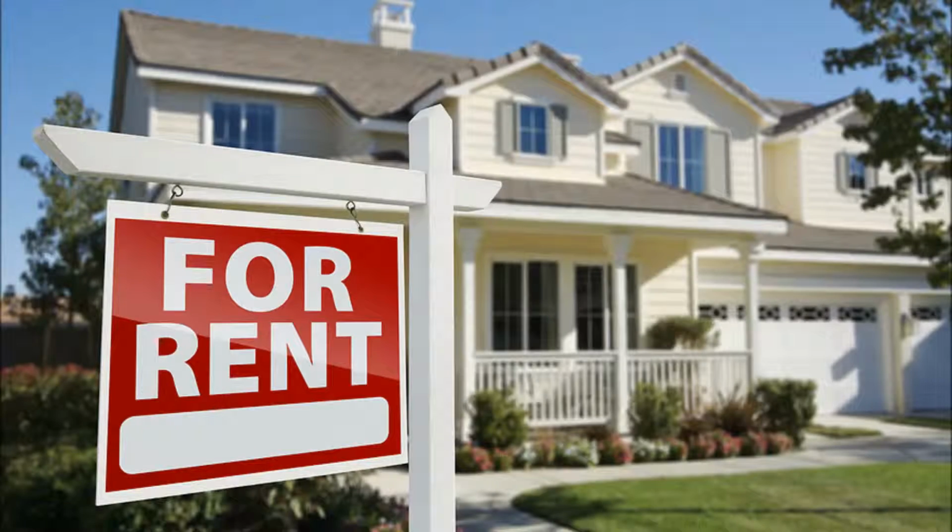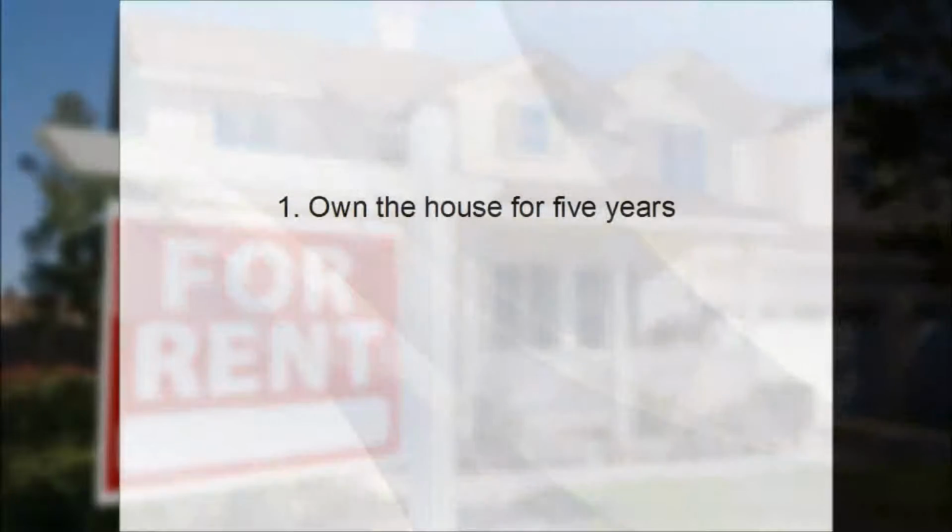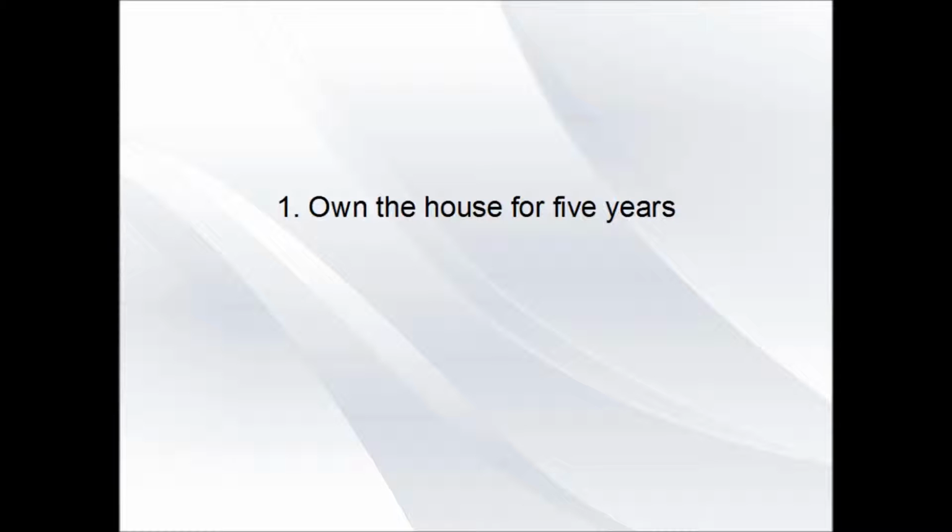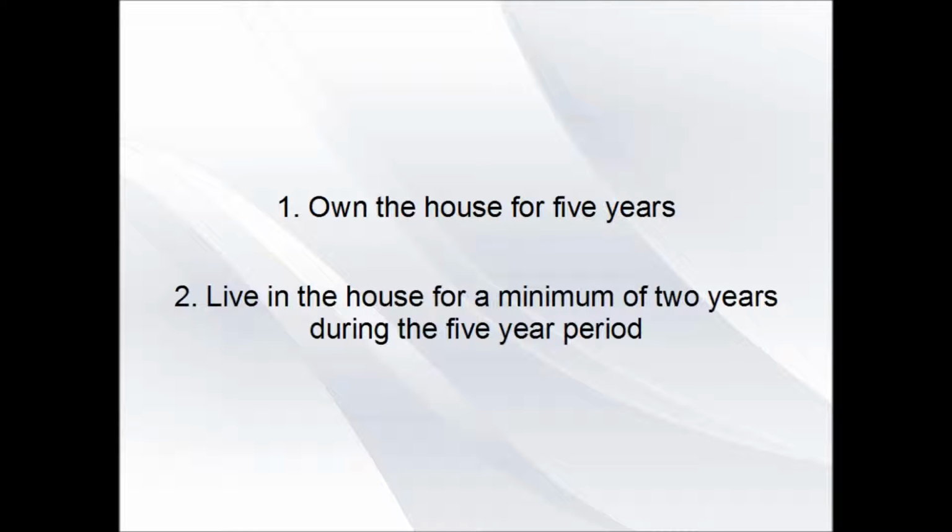If there is a property that you have inherited and you have thought about renting it out, the following are qualifications needed to be considered a rental property to record a gain on sale. The qualifications require you to own the house for 5 years. Within those 5 years, there needs to be a minimum of 2 years that you live in the house as a resident.